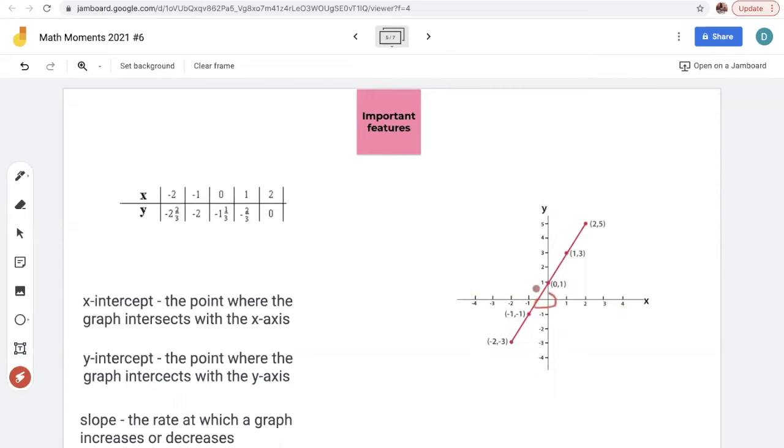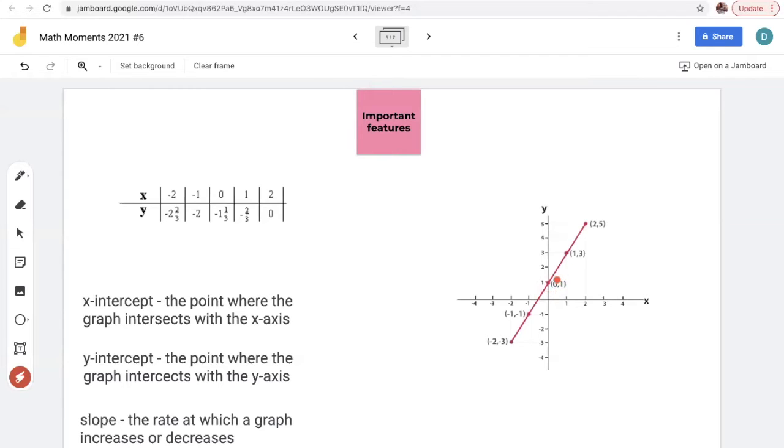On this graph here, you can see it's where I'm circling thereabouts, because the red line is crossing the x-axis. Now the y-intercept is the same thing, just about the y-axis, the point where the graph intersects with the y-axis. That's going to be right here at (0, 1). Now we read these graphs by naming a coordinate that goes left and right, and then naming a coordinate that goes up and down.